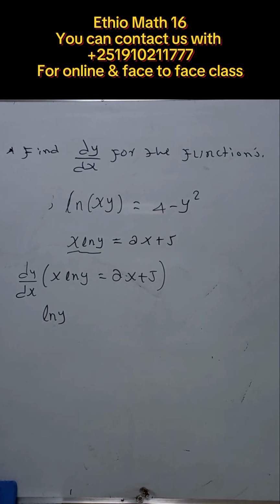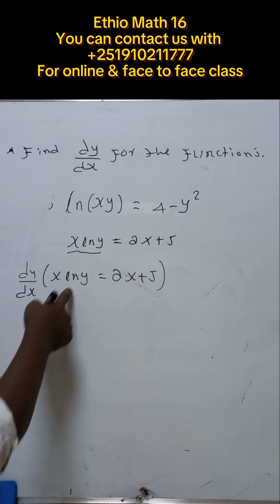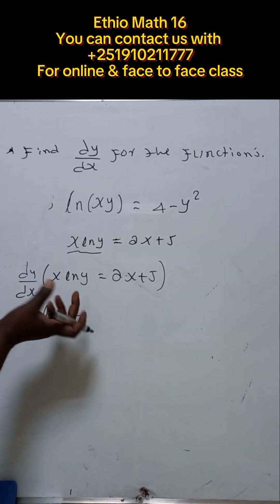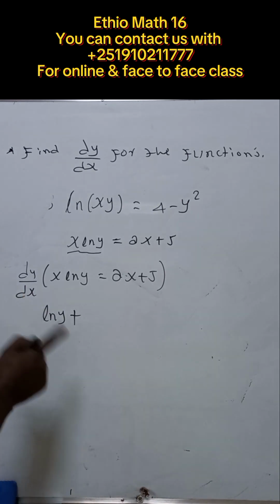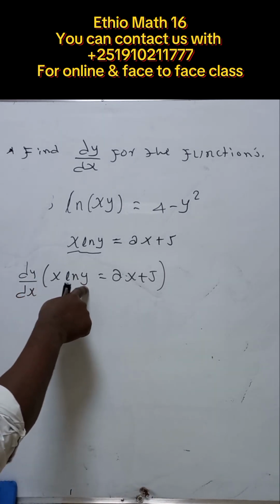ln of y. We have left only this one, because the derivative of x is only 1 times this constant, plus, because there is a product of two variables, considering this x as a constant, let's find the derivative of this one.